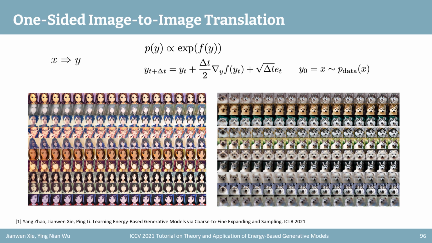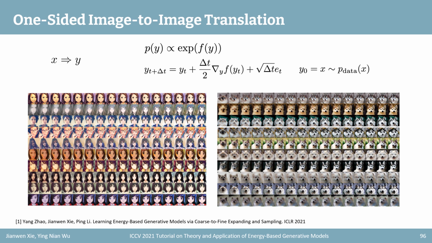We can easily train one single energy-based model for one-sided image translation. Specifically, given two collections of images representing two different domains, the examples in these two datasets are unpaired. Therefore, this is an unsupervised image translation problem.